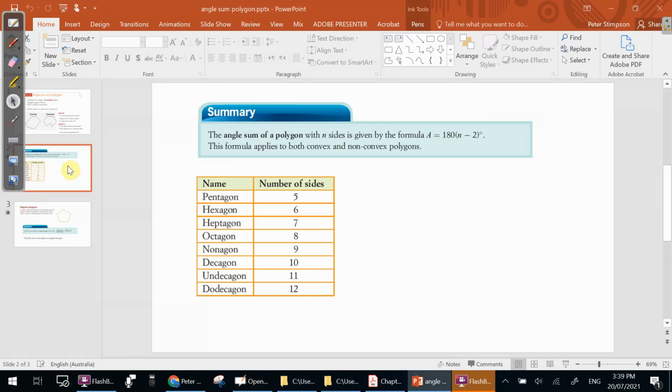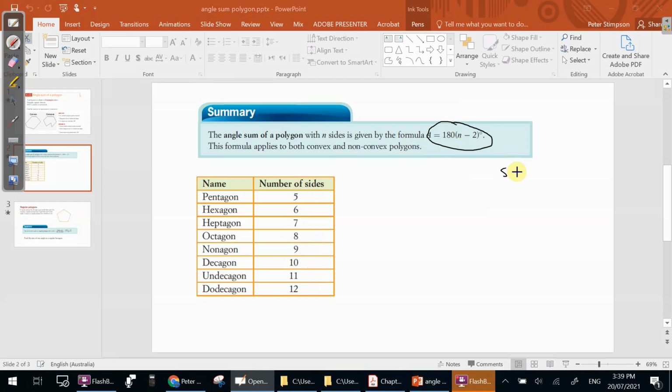Next slide. We have the angle sum, which is the main focus of this part, and it gives us a formula here which gives a connection between all of these, so we can work out the angle sum of all of these.